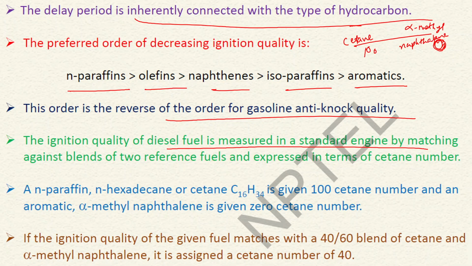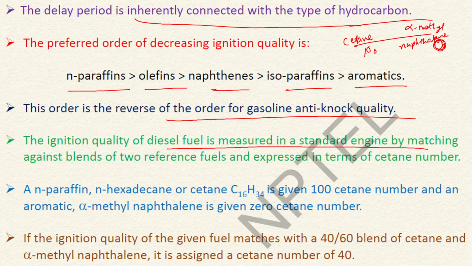Okay. So we take a mixture of cetane and alpha methyl naphthalene in different ratios, similar to what we did for the octane number.